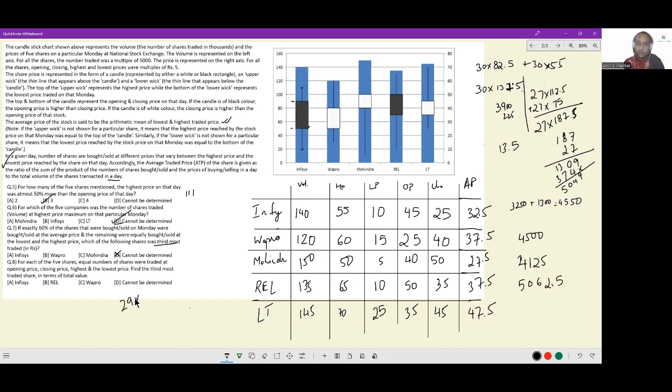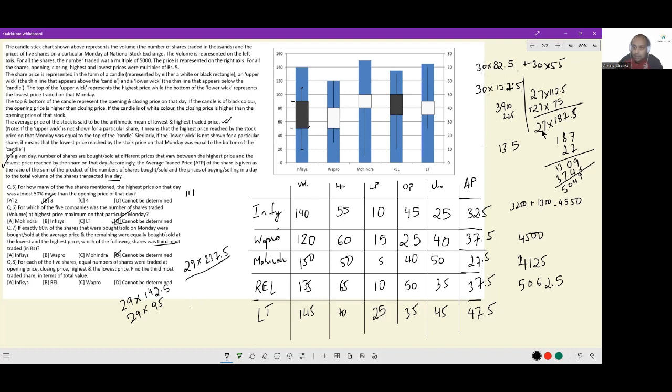29 into 47.5 into 3 is 142.5. And 29 into 95. So you have to do 29 into 237.5. Now I'm not engaging in this calculation.